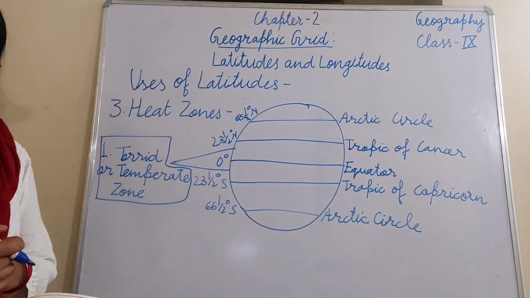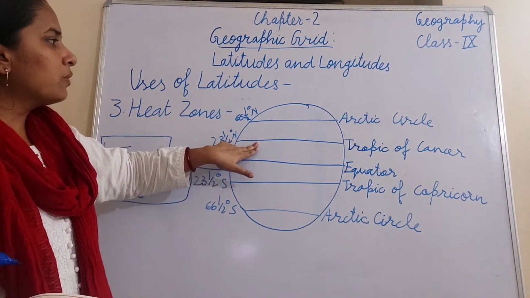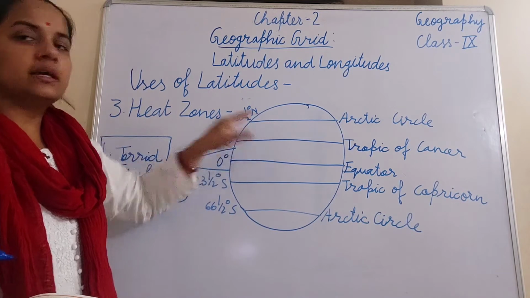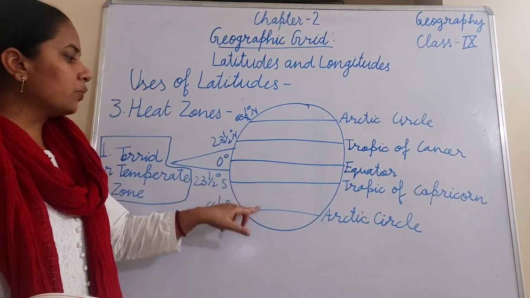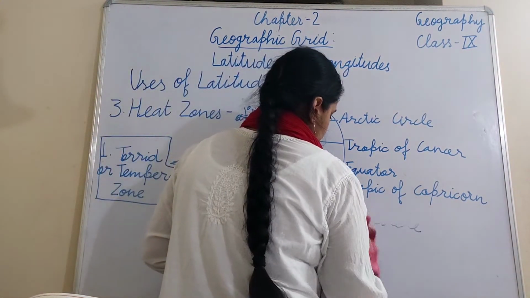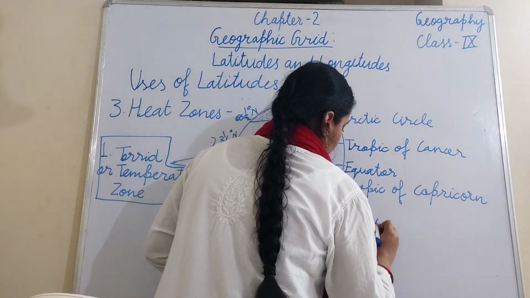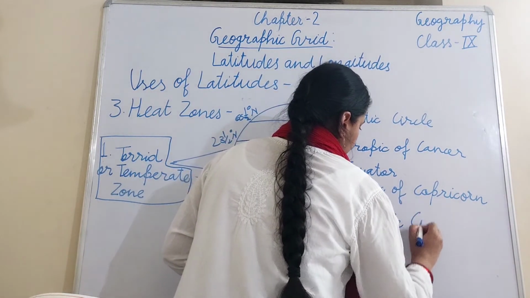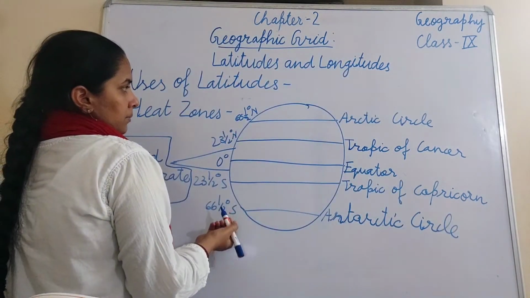Now we will talk about the next heat zone that lies between the Tropic of Cancer and the Arctic Circle in the northern hemisphere, and the Tropic of Capricorn and the Antarctic Circle in the southern hemisphere.